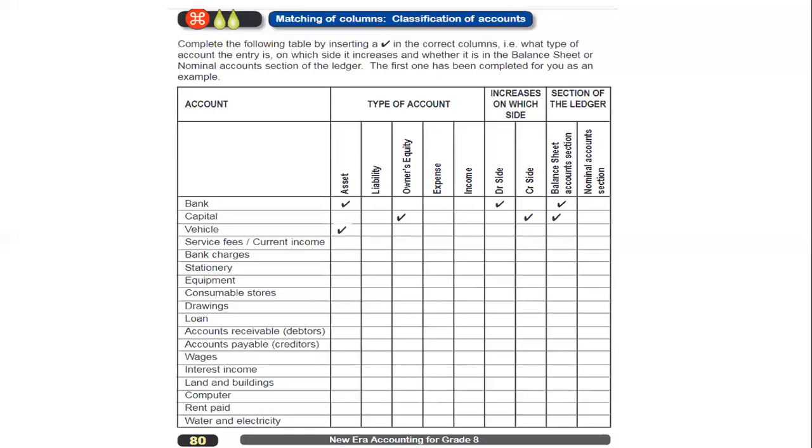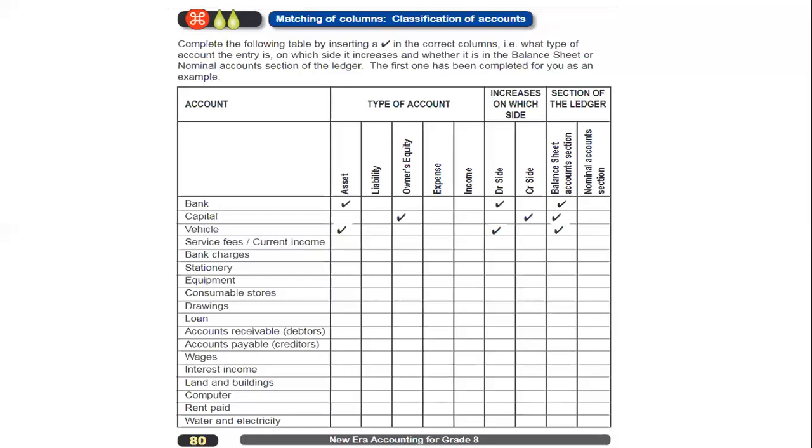So moving on, vehicle account, you see that one is an asset. A vehicle is an asset, and then it increases on the debit side when it receives, and you find it in the balance sheet account section. Right. So which means vehicles, our assets, we find them in the balance sheet section of the ledger. And then service fees or income account, that explains itself.